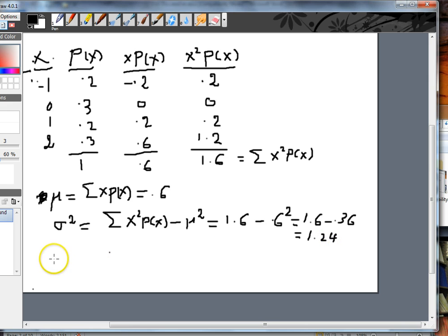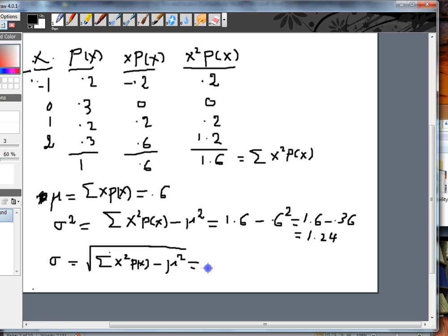So if I want the standard deviation, it's the square root of the variance, and I already computed this, so I don't need to do the whole thing.